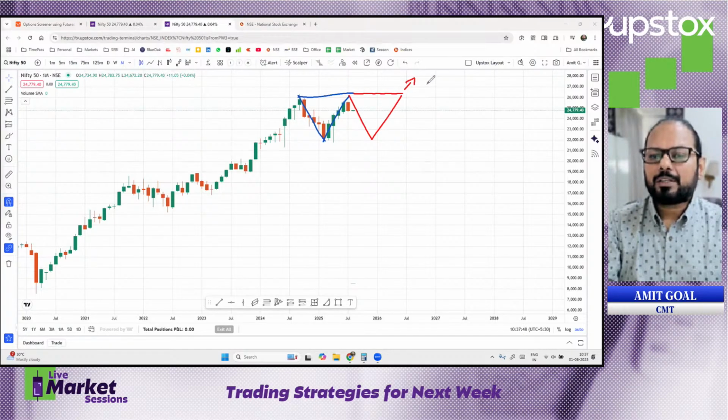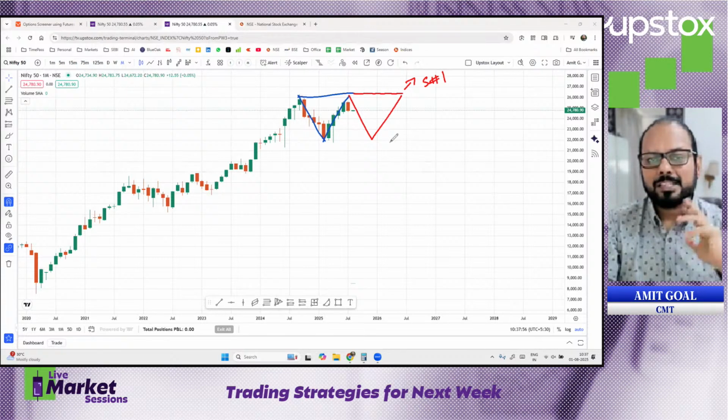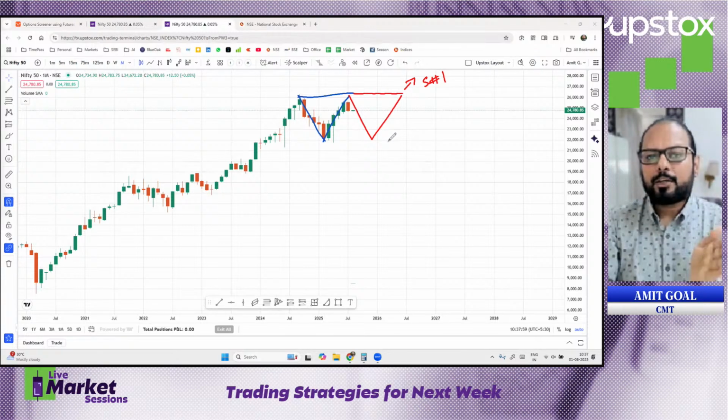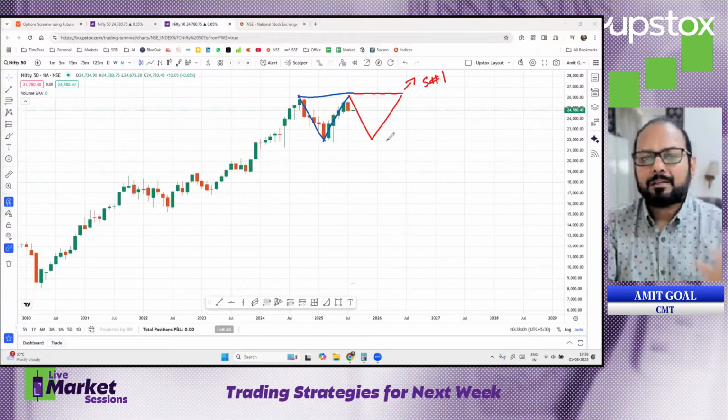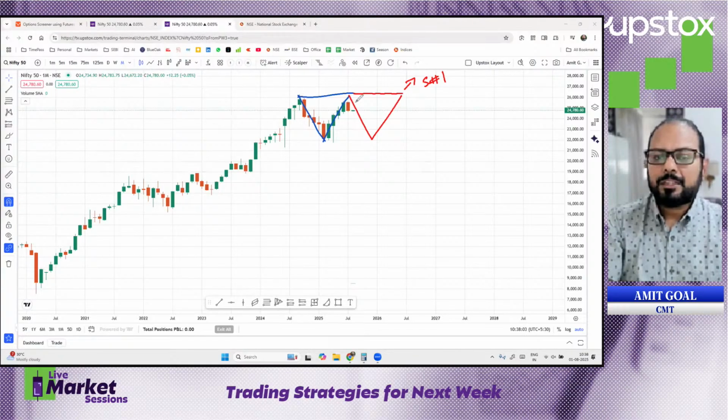Why am I saying that the breakout is likely to be on the upside? This is scenario number one. Why am I saying that the market can possibly do this? As a technical analyst, we are just trying to see what could happen in the future basis the pattern formation on the higher time frame. This could be one possible formation.